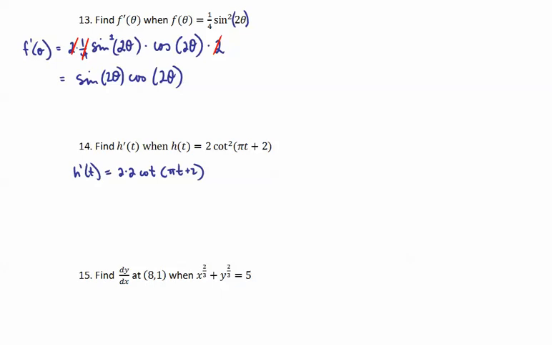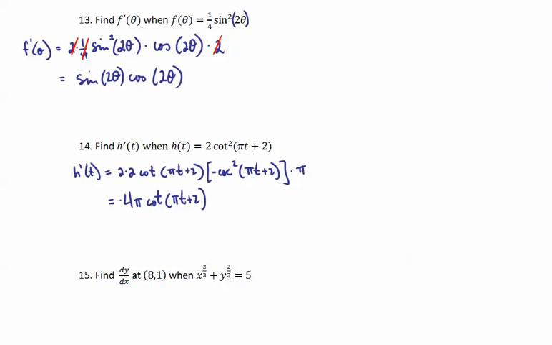Then we go to the middle layer, which is cotangent. The derivative of cotangent is negative cosecant squared of, leave its inside alone, pi t plus 2. Next, we need the derivative of pi t plus 2, which is just pi. So if we simplify all that, we get 4 pi cotangent, not cosine, 4 pi of cotangent pi t plus 2.